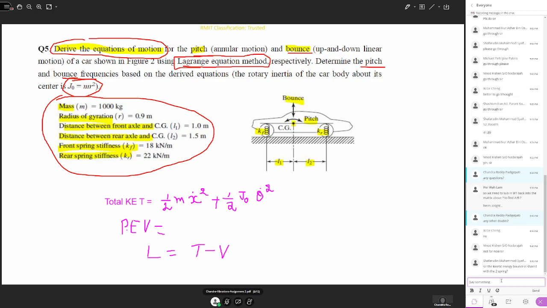There is no need to write the kinetic energy two times. We treat the entire automobile as a point mass at the center of mass, so the displacement is related to the displacement of the centroid. You can refer back to the free body diagram. So theta is only one.